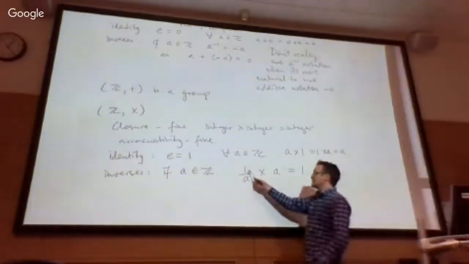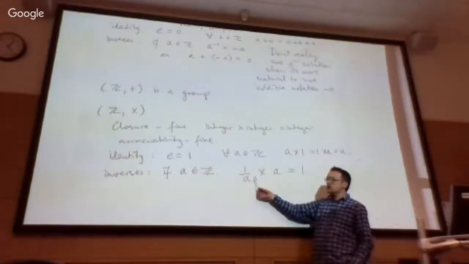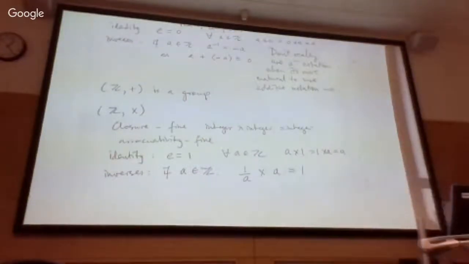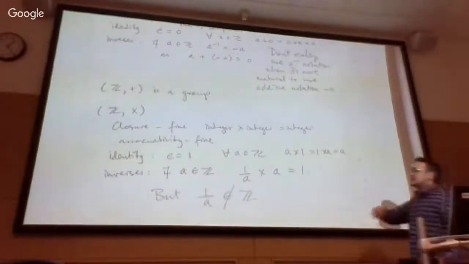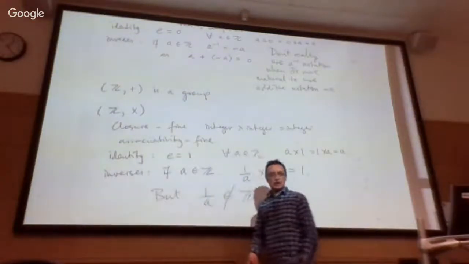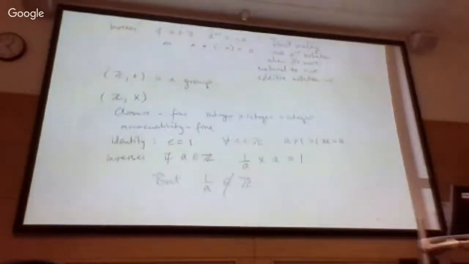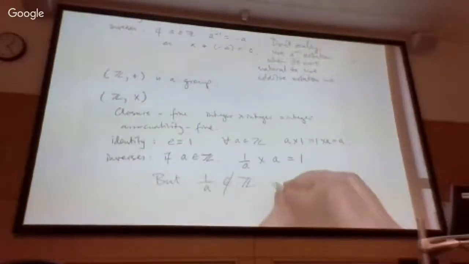And most of the time, the reciprocal of a number is another number. But this is the crucial observation: the inverse element is not an element of the set we're talking about. And the inverse axiom asks for every element to have an inverse within the system. Okay? Maybe put a little caveat on that.